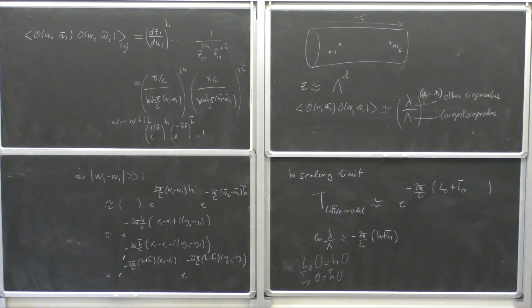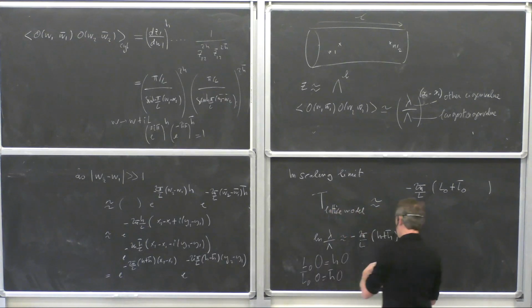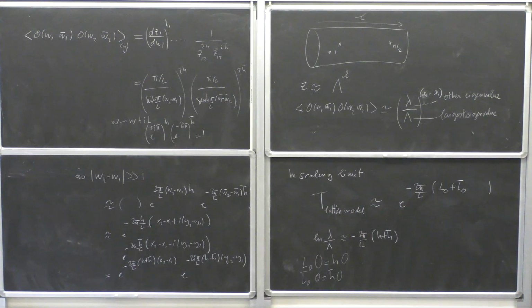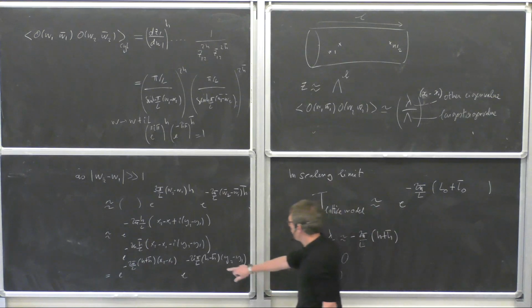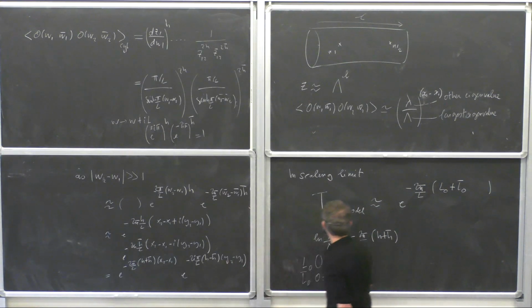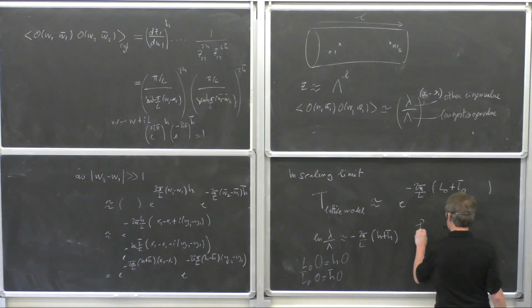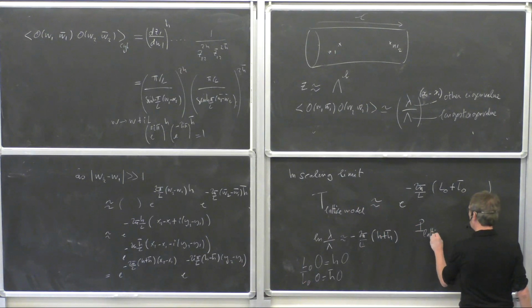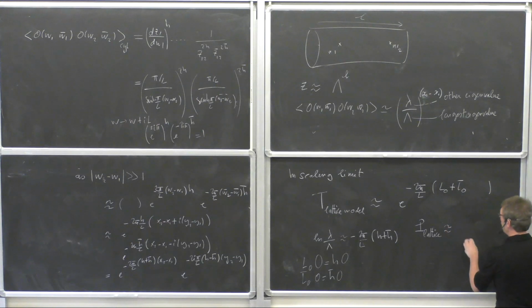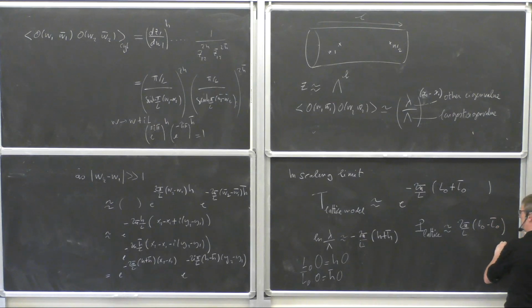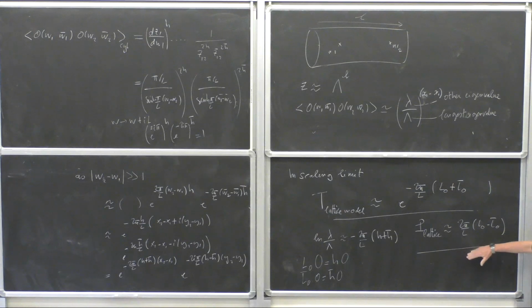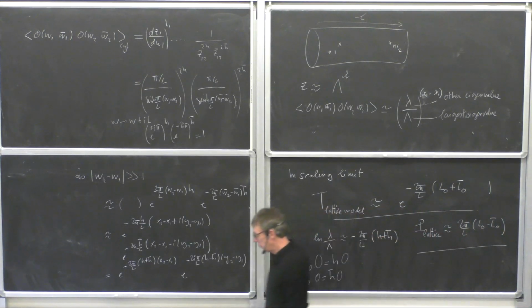This provides a correspondence between the transfer matrix on the lattice and the data from the conformal field theory. The momentum operator on the lattice is approximated by 2 pi over L times (L0 minus L0 bar). So the important point is that the transfer matrix and the momentum are both related to L0 and L0 bar.